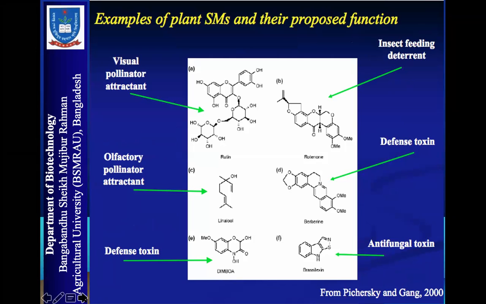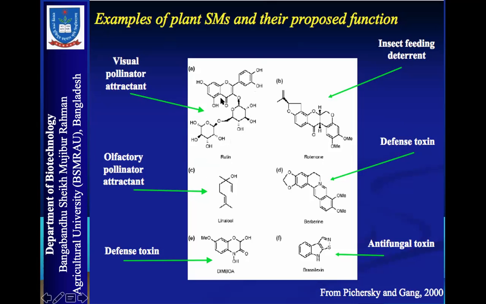Here are some examples. For example, rutin. Rutin is a flavonoid. Here you can see it is a visual pollinator attractant. In colored plants or flowers, rutin is present and it contains lots of hydroxyl groups.